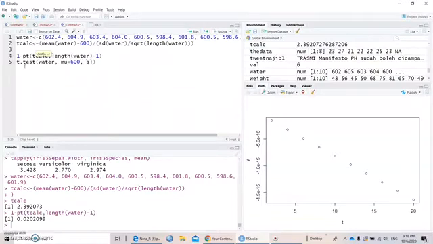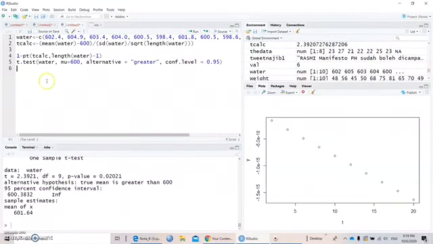Then alternative, let's say alternative is greater. And then we can decide the level of confidence, let's say 0.95. Then run, and you will get the same p value.